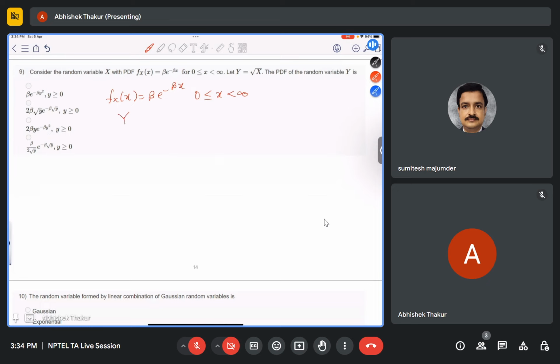And the value of y is equal to under root of x. So the PDF of the random variable y is... This is the question for finding the distribution of the Rayleigh channel, as taught in week 11.